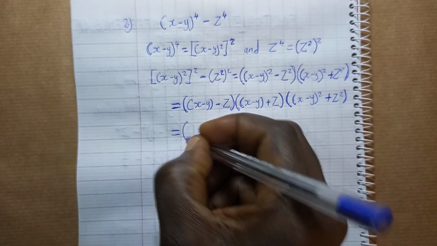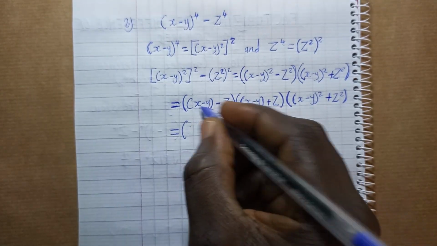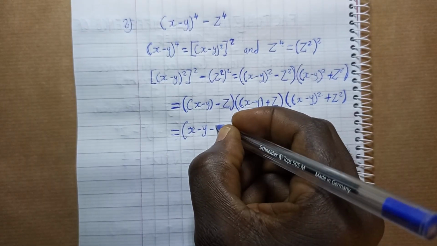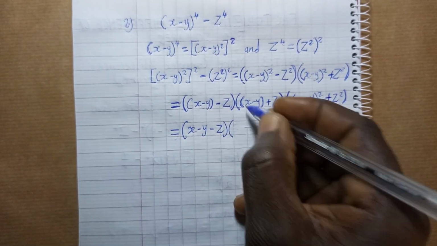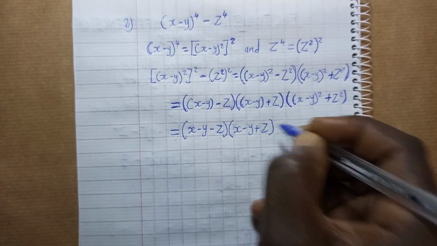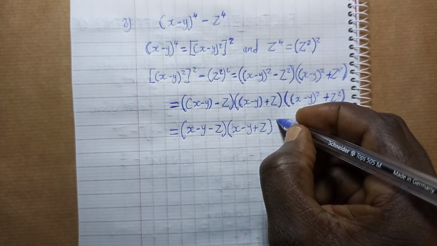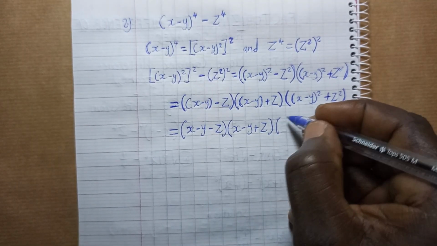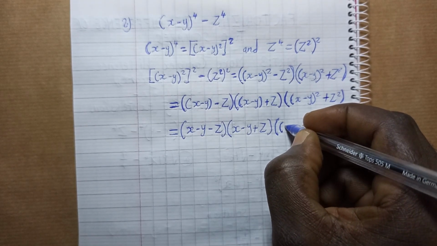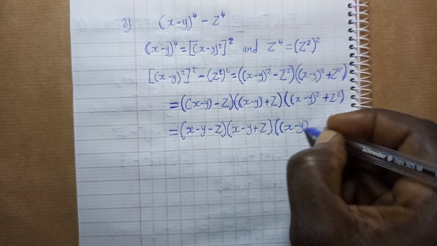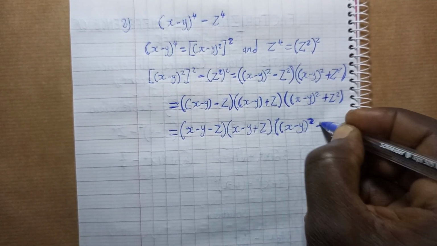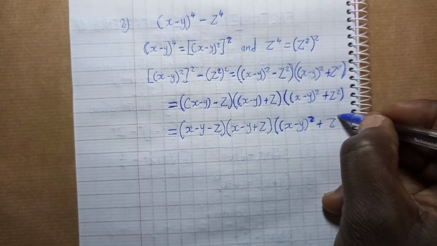So equal to, we are removing brackets, so we have x minus y minus z for the first one, and then this one we have x minus y plus z, and then this one we have open bracket, open bracket, then x minus y square, square plus z square.